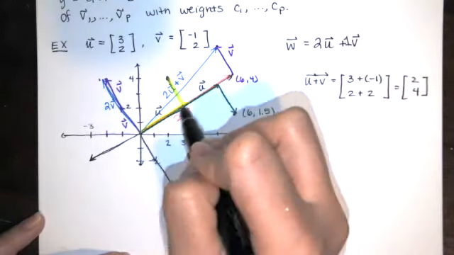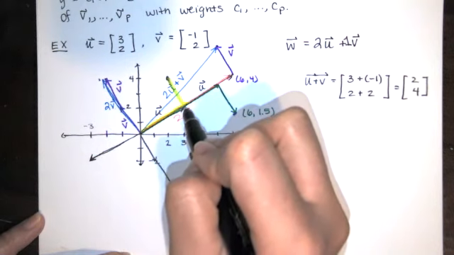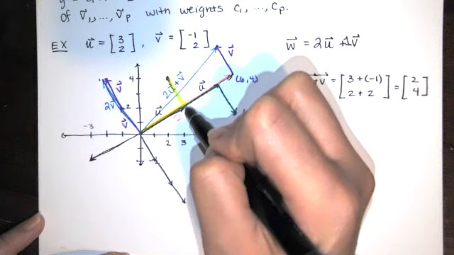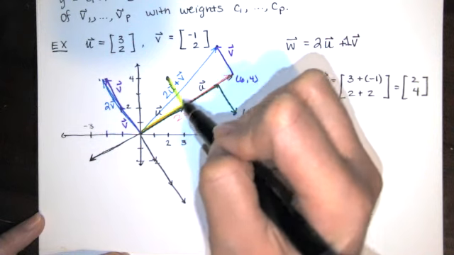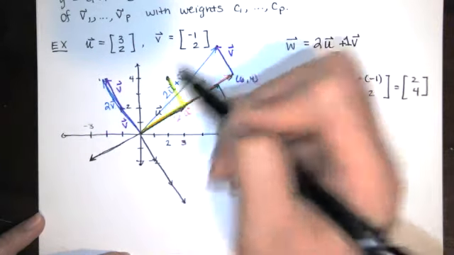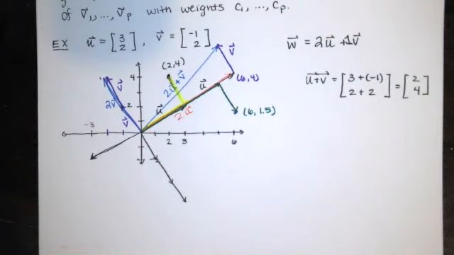So I go from the origin down to the terminal point of u, and then from that location, I take the vector v from here to here. So I go backward 1 unit in the x direction and up 2 units in the y direction, and that lands me at the location x equals 2, y equals 4.